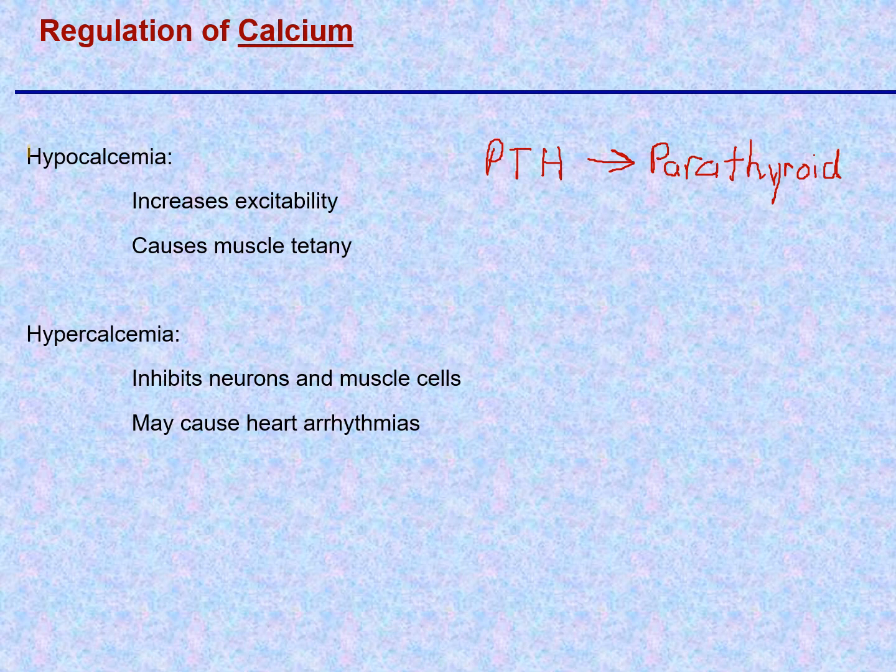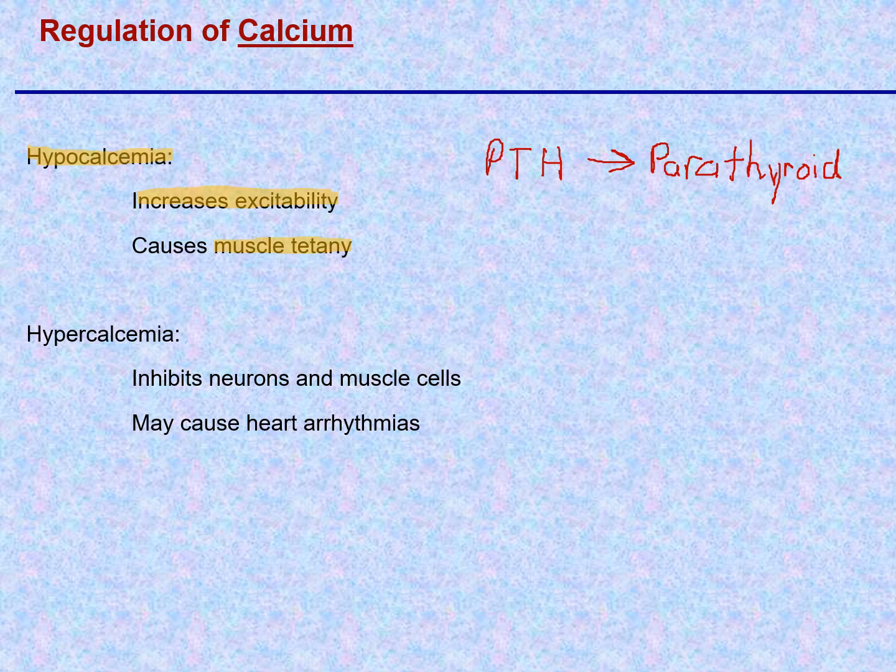If you have a low calcium, which is called hypocalcemia, it will increase excitability of excitable tissue like muscles, and can even cause muscle tetany, which I remind you is very rapid, continuous contractions of the muscles, and can even lead to complete tetany, which is like a constant contraction of the muscle.